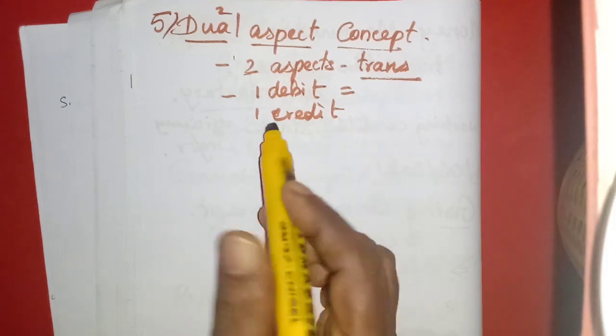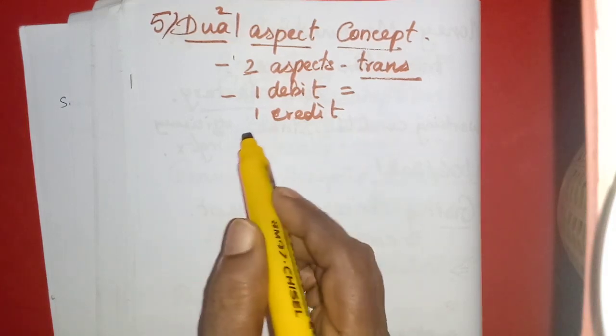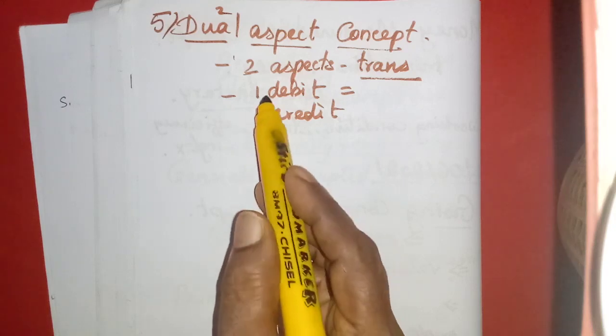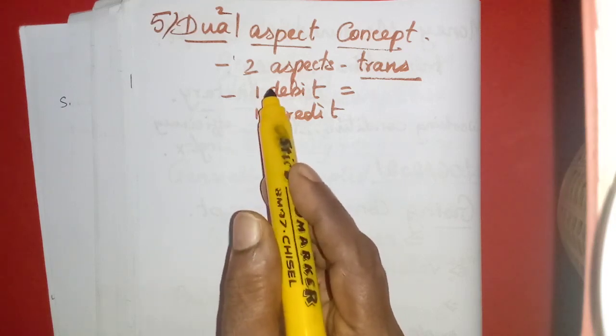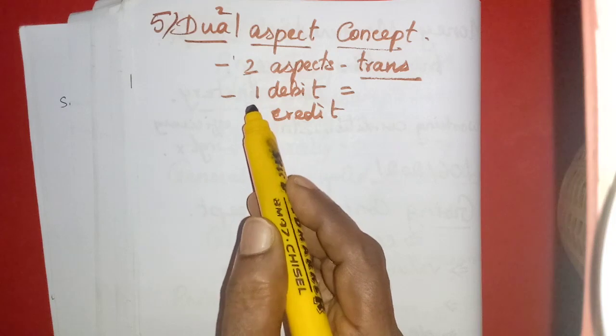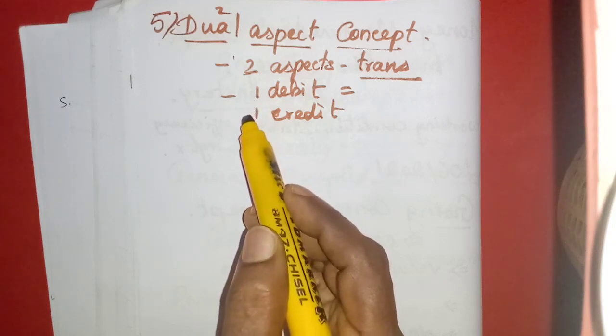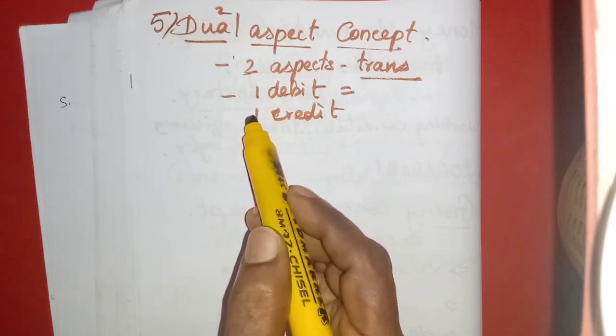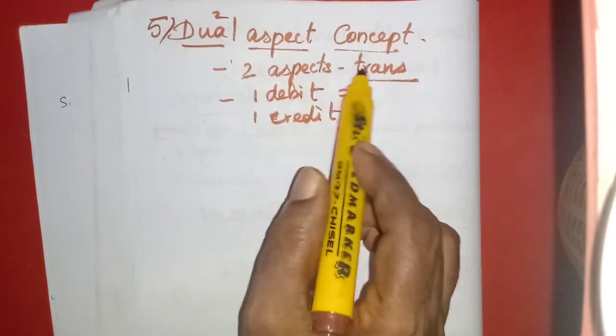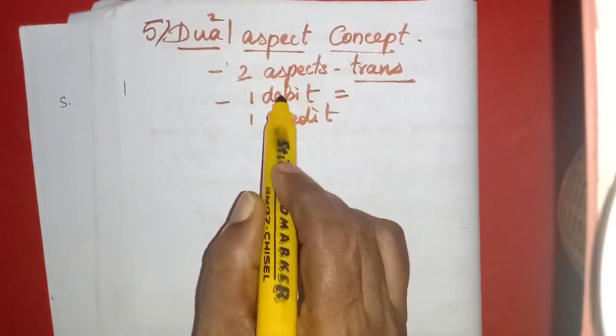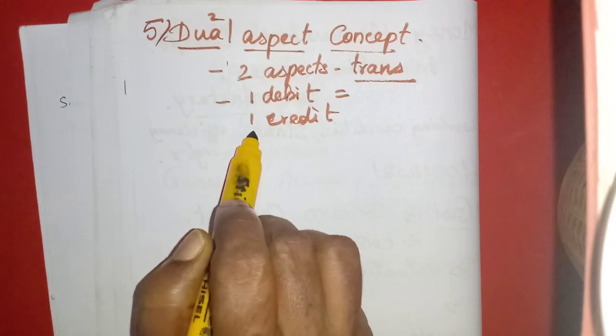For example, I have taught you many examples, isn't it? If we purchase an asset, what do we do? The asset is coming inside and the cash is going outside. So asset debit, cash credit.